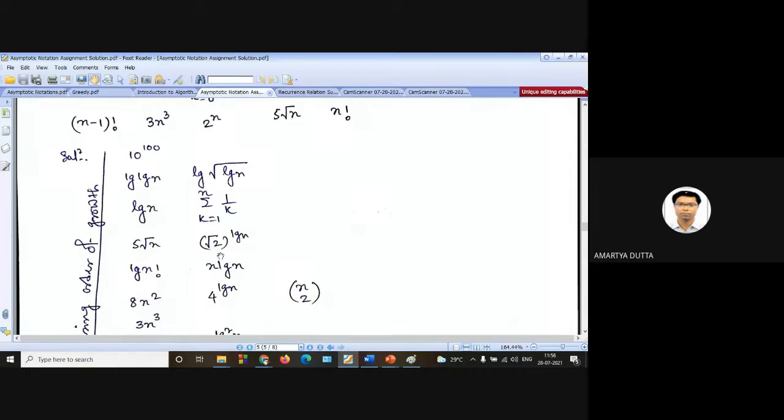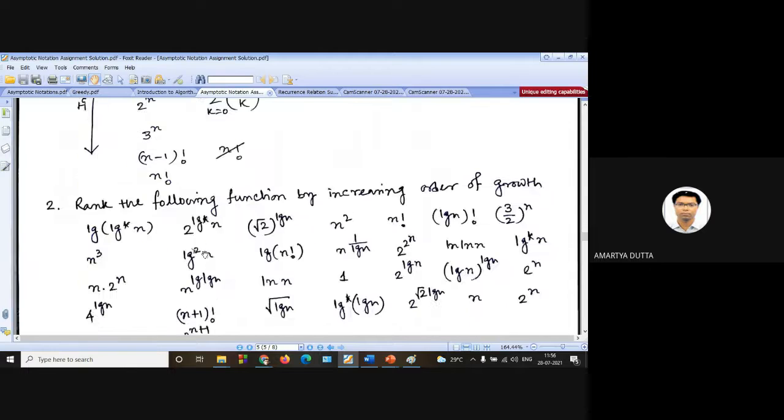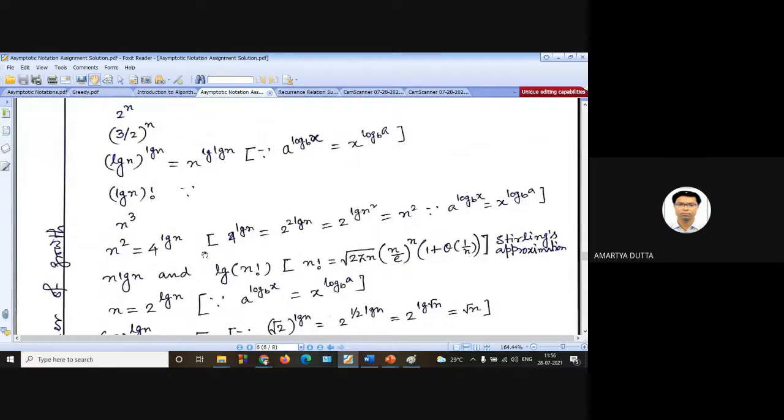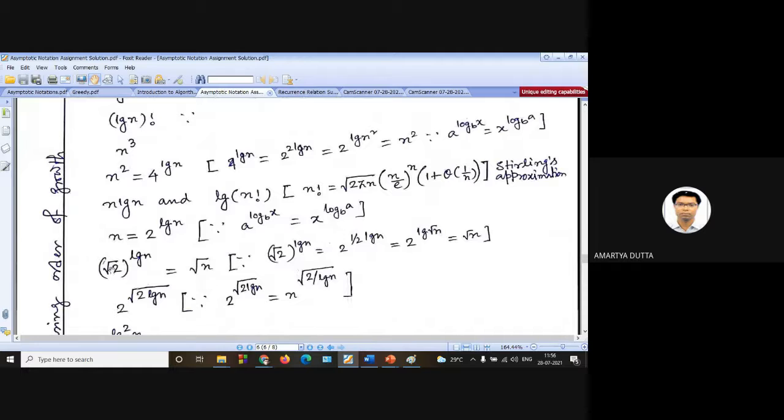5 root n and root 2 to the power log n, these two have the same complexity. Why? Root 2 to the power log n is root n.